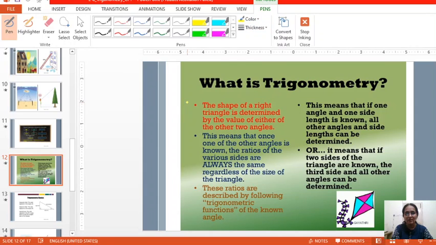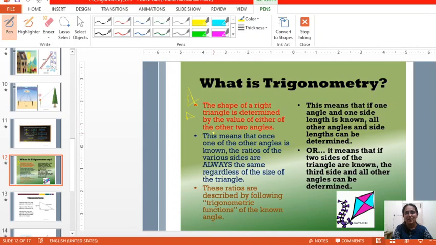Let me draw one right angle triangle here. The shape of the right angle triangle depends upon the angles, it is not depending upon the length of the sides.